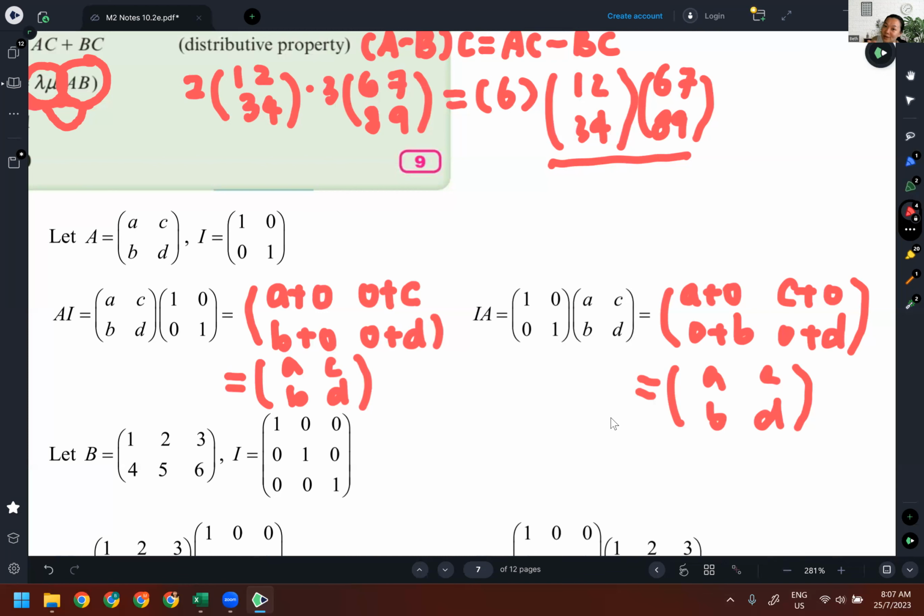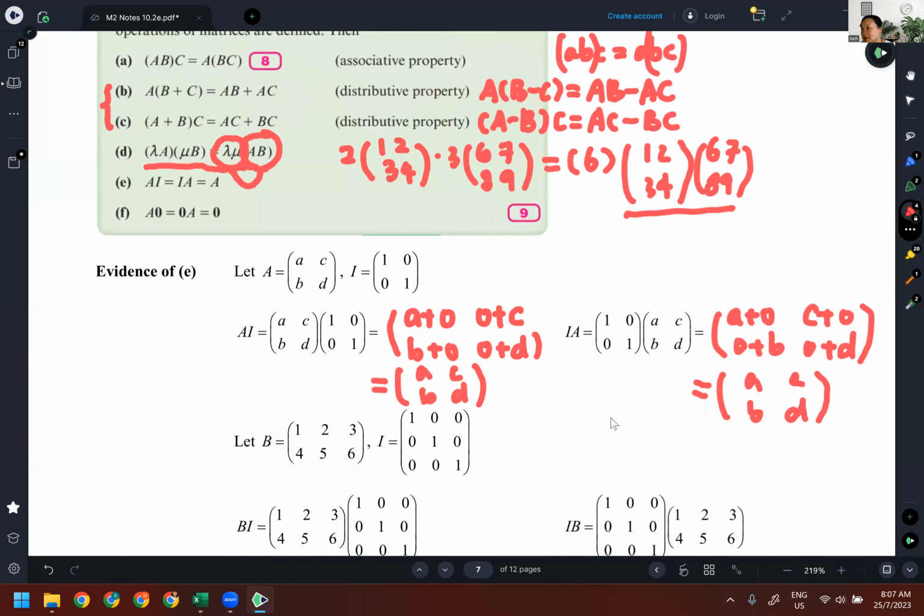There are other matrices, other sizes. Is that okay? Normally we will say that A times B is not equal to B times A. But in this case, A times I and I times A are the same. Sometimes they are equal. You cannot rule out that just because you swap them, the outcomes are not equal. Not always. In rare cases, A times B equals B times A, in this case with I.